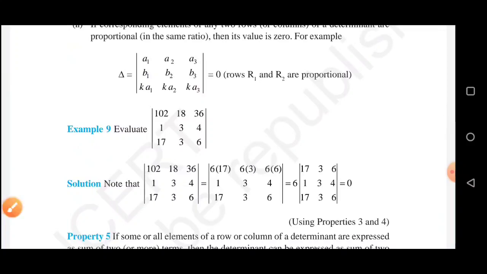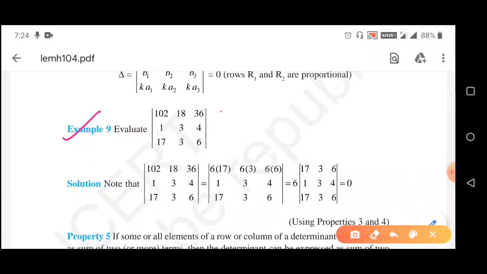Here in example 9, the first row and the third row are proportional. Now see what they have done in the solution. In the solution they have written 102 as 6 into 17, 18 as 6 into 3 and 36 as 6 into 6.